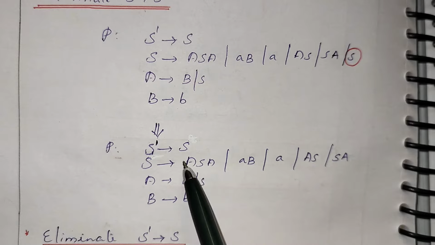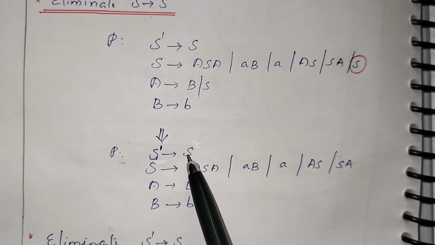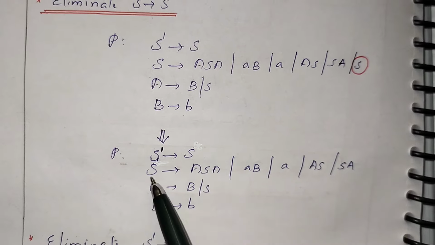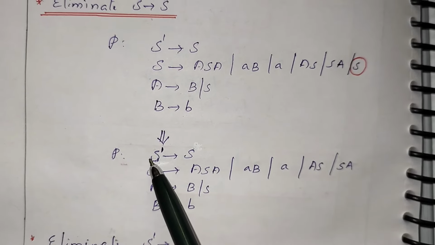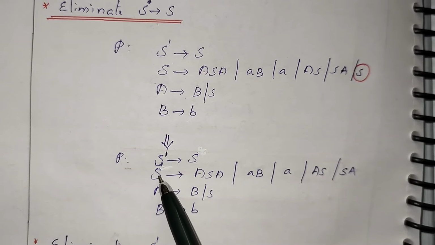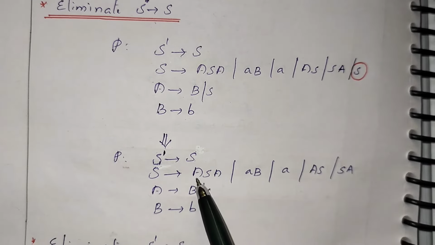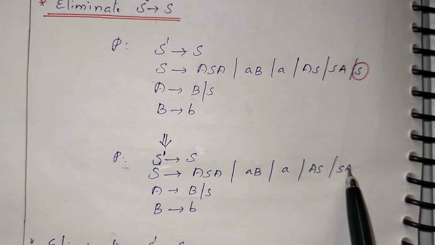S dash gives S. Okay, so if I am eliminating unit production, you need to replace the right hand side with the corresponding production. So if I am replacing S dash gives S, I need to replace S with the production for this thing. That is, S will be replaced with ASA, AB, AS, SA.